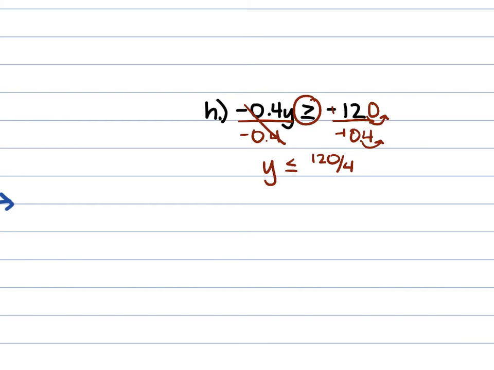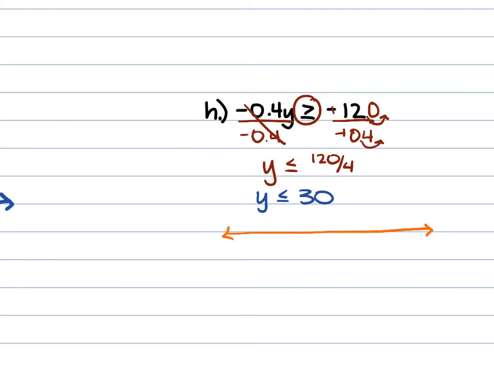The reason I have this is because I can't have 0.4 in a fraction, so I make that 0.4 a whole 4, which means I move the decimal point on that 12 as well, making it a 120. So I do 120 divided by 4, and I get 30. So y is less than or equal to 30.